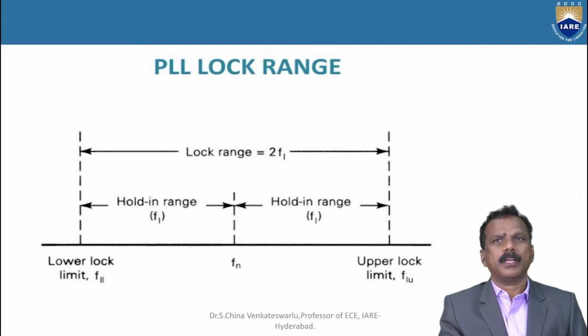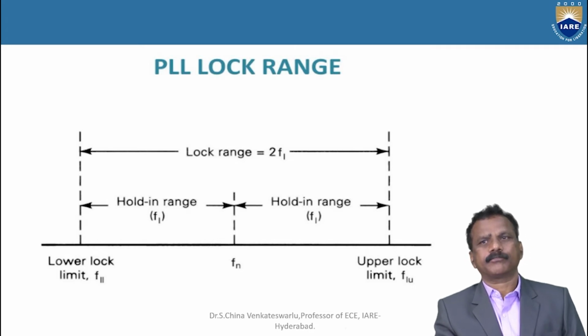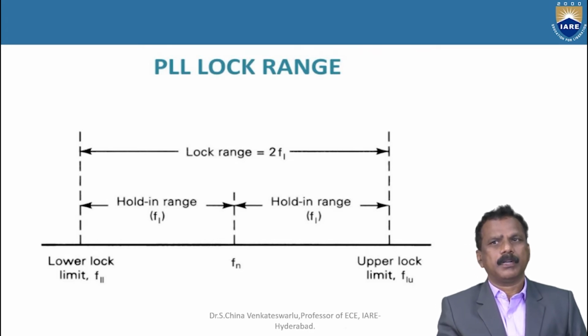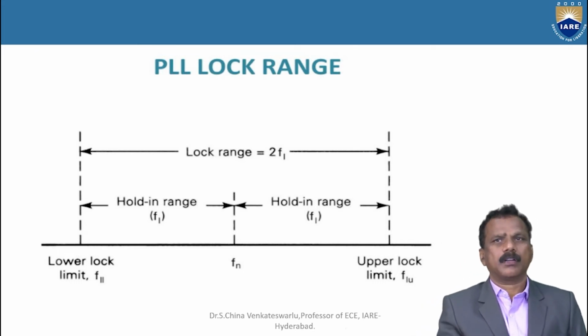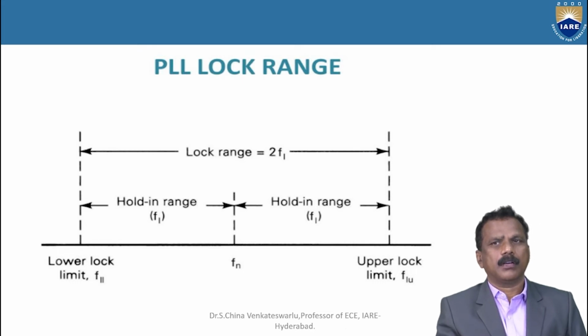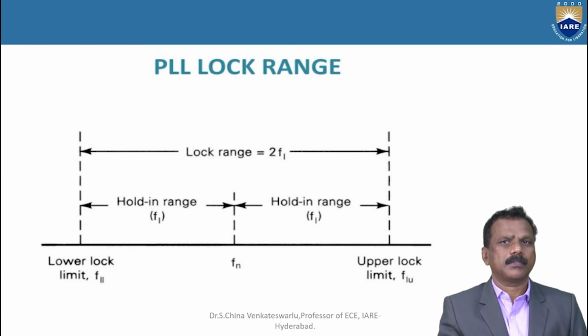In the PLL lock range here, the upper lock limit and lower lock limit, the hold-in range is followed by f1, and the hold-in range and the lock range is equal to 2f1, because the hold-in range is f1 and f2.